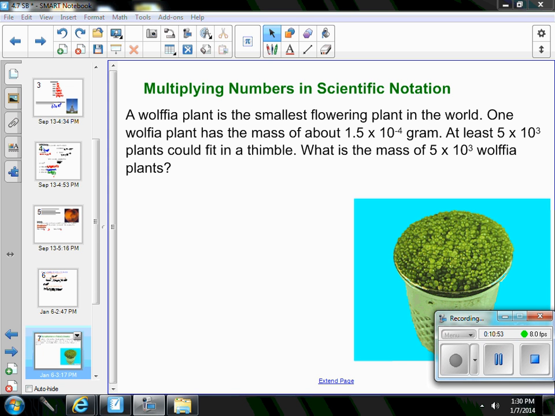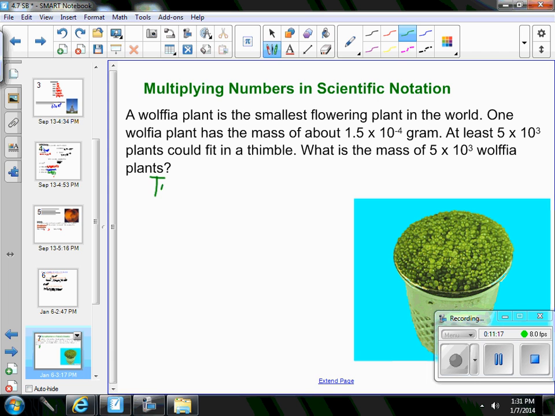So instead of saying it has a mass of 5,000, they put the mass in scientific notation. So they're asking the question, what is the total mass of this example here? Let's set this up. The question is being asked, what is their total mass?